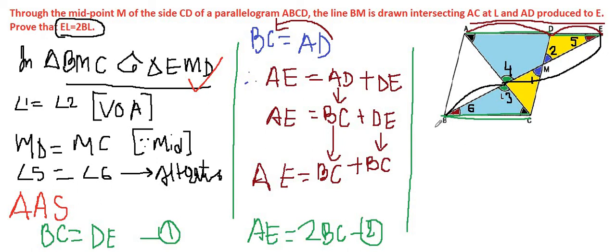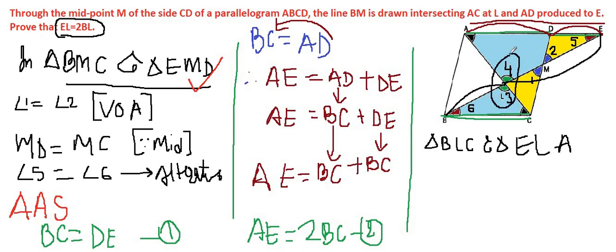Then we can say that in triangle BLC and triangle ELA, angle 3 is equal to angle 4. These angles are vertically opposite angles, and angle 5 is equal to angle 6 because these are alternate angles, because AE is parallel to BC.